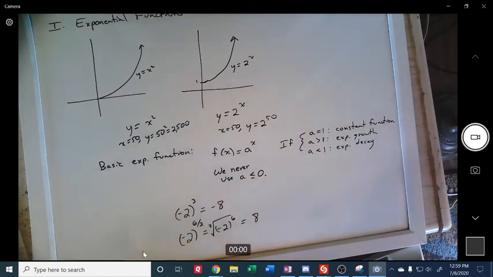But it could be anything, like if you're trying to get rid of mice, and you have a huge mouse infestation in your house. Every week you get rid of half of the mice. That's exponential decay. It's getting smaller and smaller and smaller by a multiplicative factor. Okay.